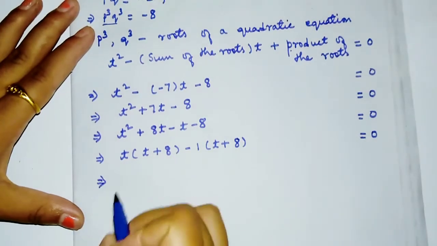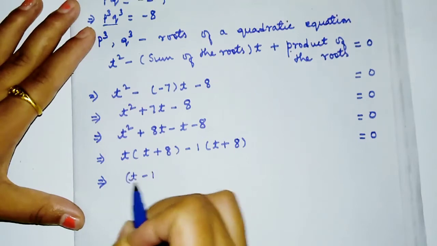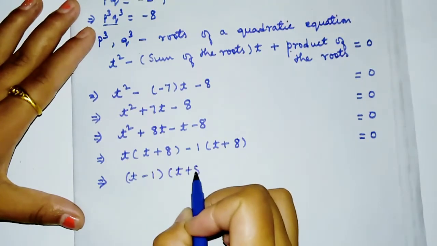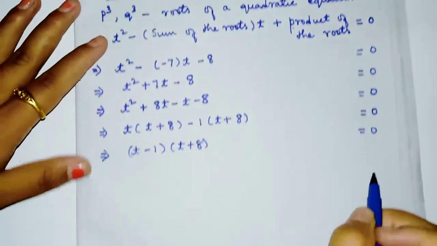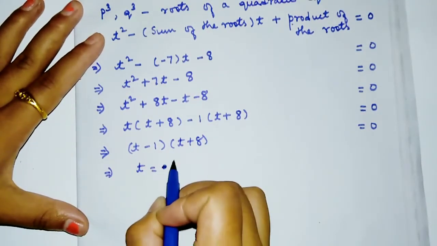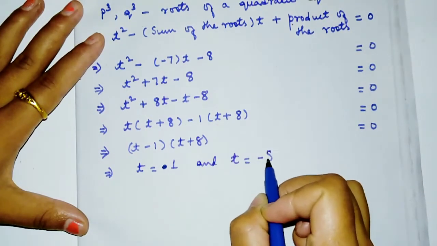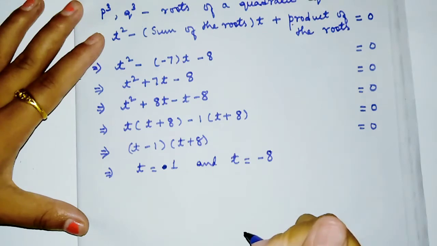And then we have (t minus 1) into (t plus 8) equal to 0. t is equal to 1 and t is equal to minus 8.